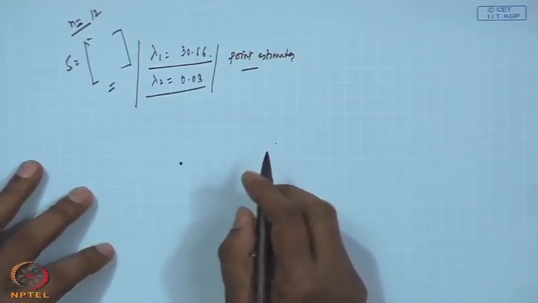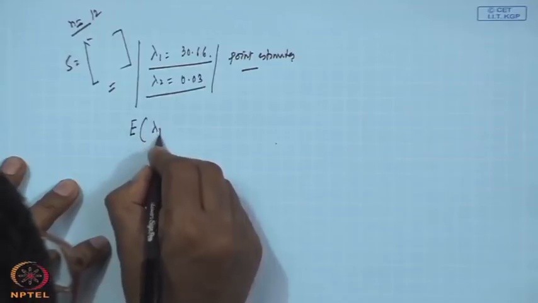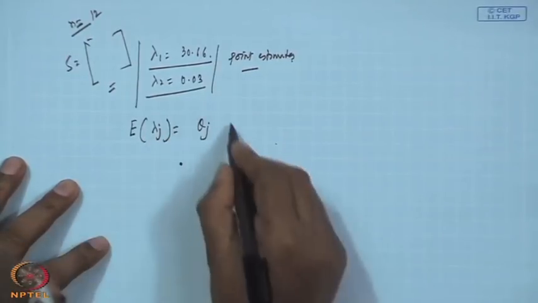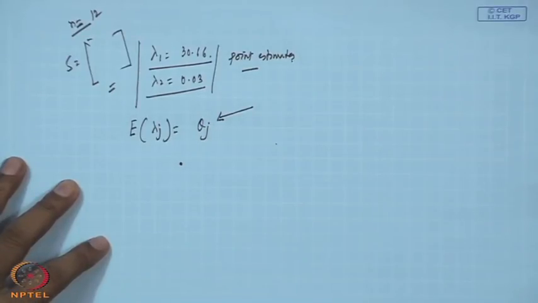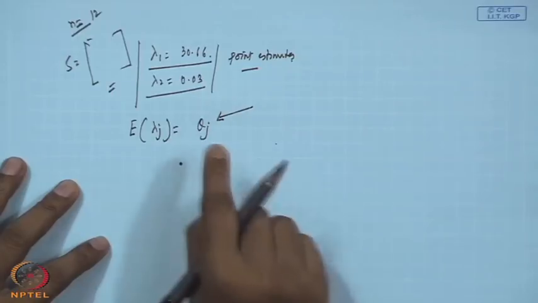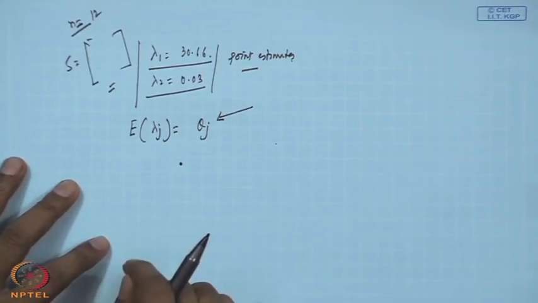So, if you want to find the point estimate, then we go for the expected value of lambda j, let it be theta j. That means we are saying that if you do principal component analysis on the population, and you know everything about the population, you will get the exact value of that eigenvalue for that particular population.